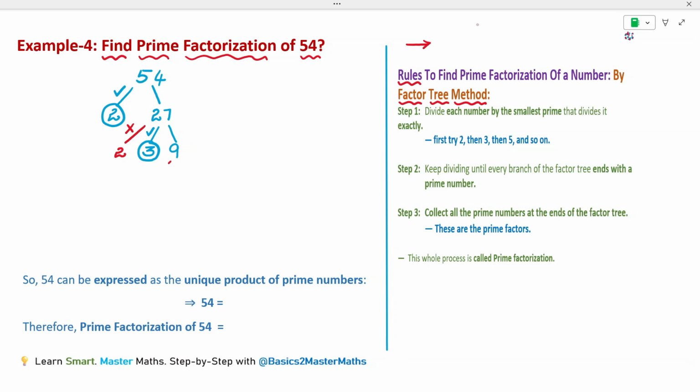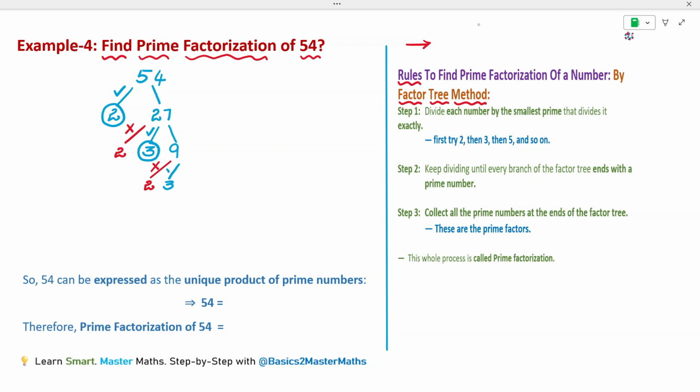Next, try dividing 9 by the smallest prime 2. 2 does not divide 9 exactly. So, move to the next smallest prime 3.